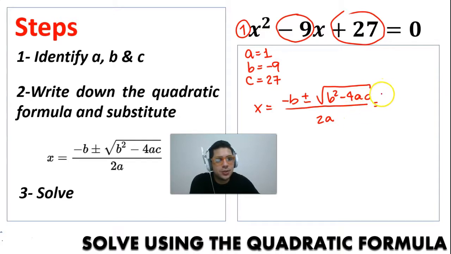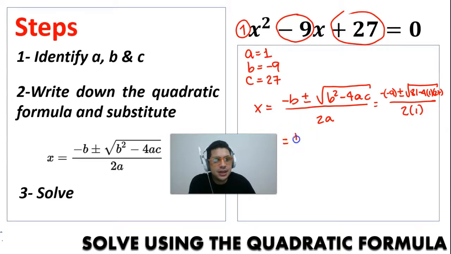So the formula is going to be minus 9 plus or minus the square root of 9 to the power of 2, which is 81, minus 4 times a times c, and that is going to be divided by 2 times a. So that is going to be minus 9 is going to be plus 9, plus or minus the square root of 81 minus 4 times 1 times 27, and that is going to be divided by 2.